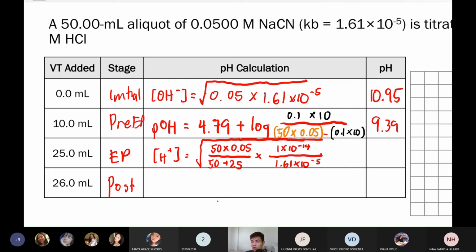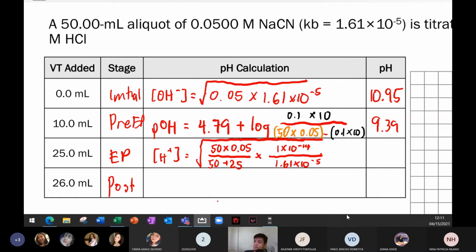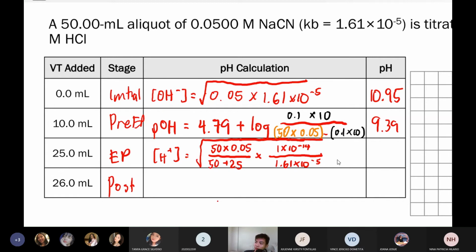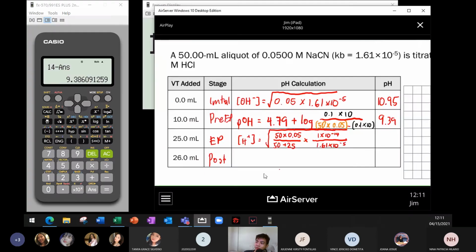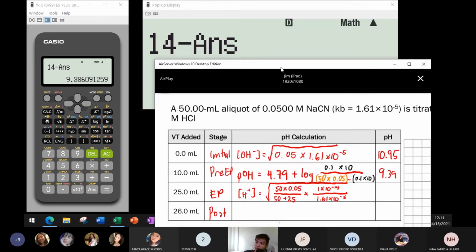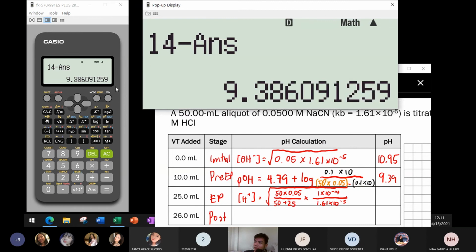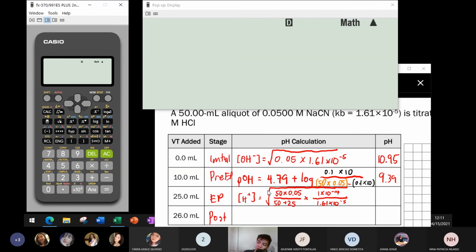Ang kunin mo negative log niyan, you get the pH of the solution. Oh, let me type this sa calculator. Lalabas din naman to mamaya pag di nyo nakopya. And then, lalagay ko na nandito sa baba. Okay. Type ko to sa calcu. Ina-negative log ko na to ha, para pH na agad.